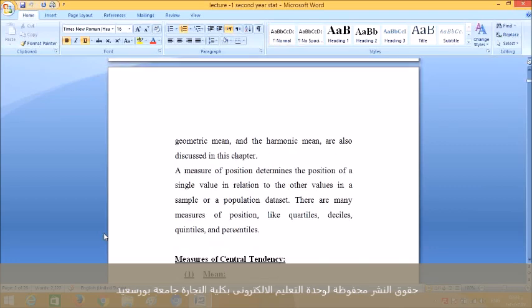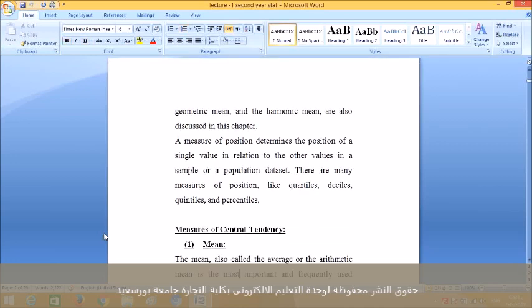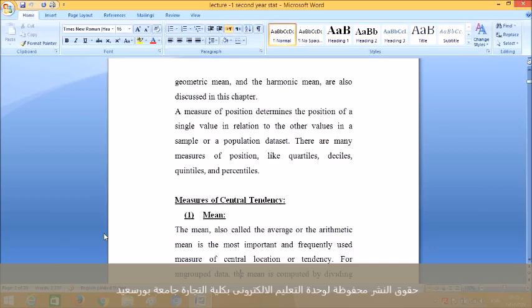First, the measures of central tendency. The first and very important measure of central tendency is the mean, also called the average or the arithmetic mean. It is the most important and frequently used measure of central location or tendency.